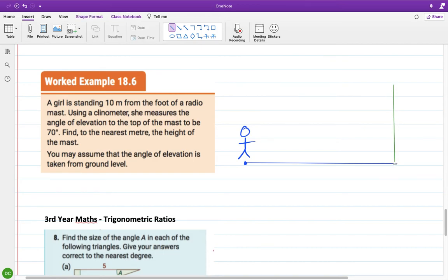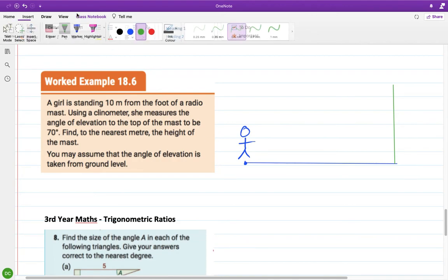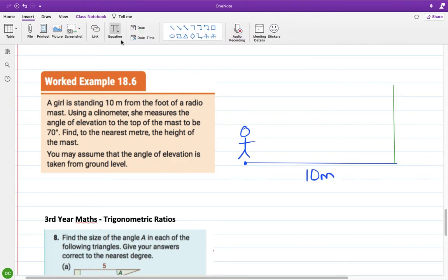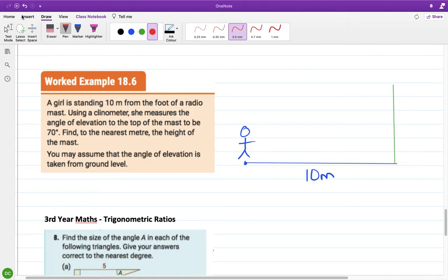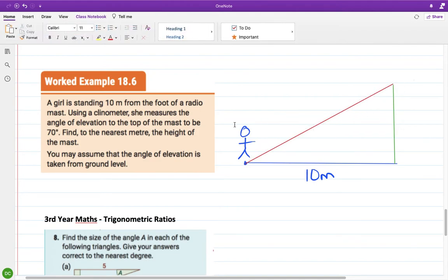So the radio mast is in green. It looks like it's not straight, but it is. Okay, so she's 10 meters away from the radio mast, and she measures the angle of elevation. Let's go red. Okay, so the angle of elevation is her looking up to the top of the mast, and that's 70 degrees.